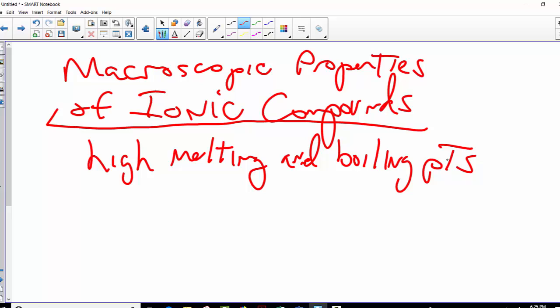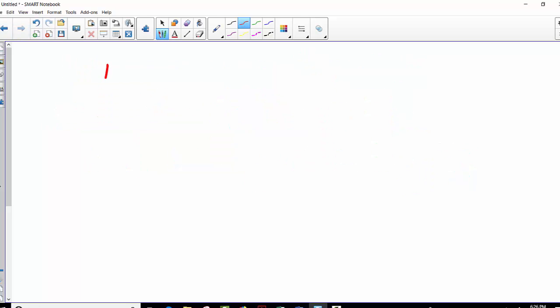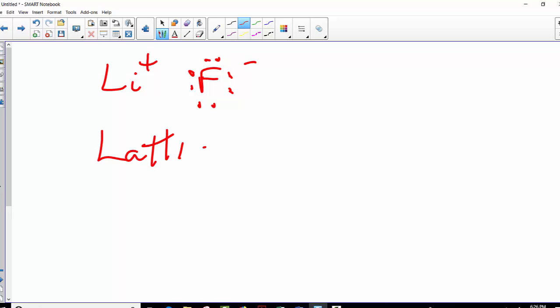Ionic things do not come as, say, 1 lithium and 1 fluoride put together. I mean, we just drew Li plus F minus as if those were the only ones in the beaker. But in fact, ionic compounds come as what's called a lattice.